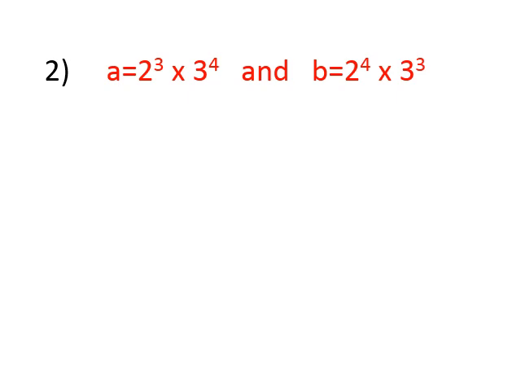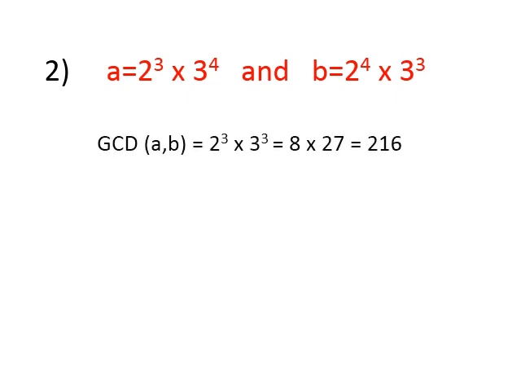Whose power is smaller? 3 power 3. So, to find the GCD, I have to write 2 to the power 3 times 3 to the power 3. Okay, 2 to the power 3 is 8. 3 to the power 3 is 27. So 27 times 8 equals 216.